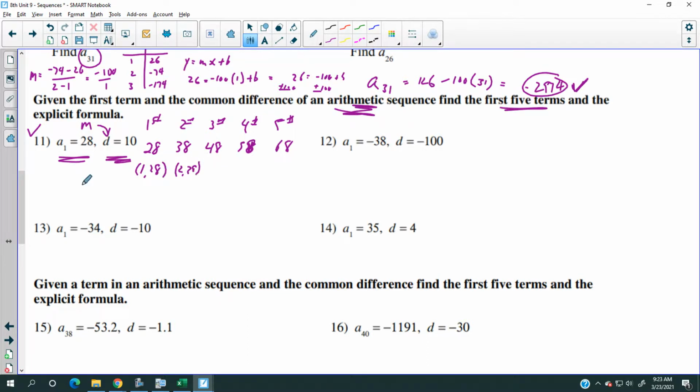So I'm going to rewrite my slope-intercept formula. Use this first term: 28 equals the slope, which is 10, times 1 plus b. Nothing crazy, because I want the y-intercept. So I got 28 equals 10 plus b, so b is 18.